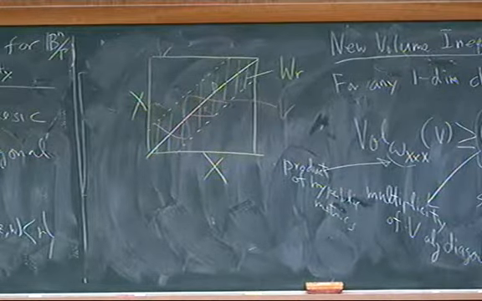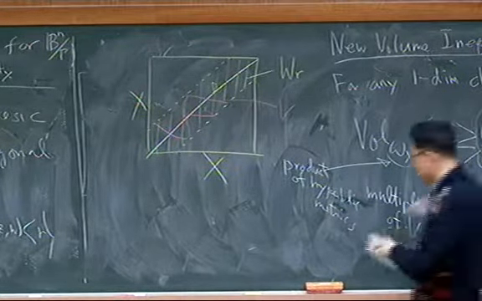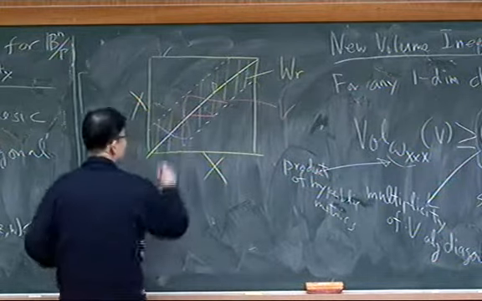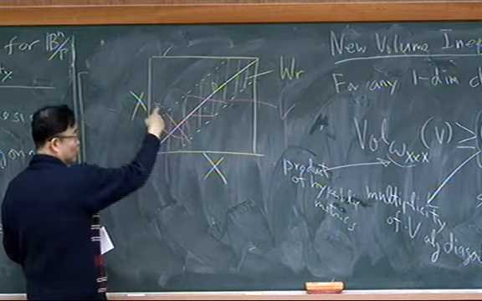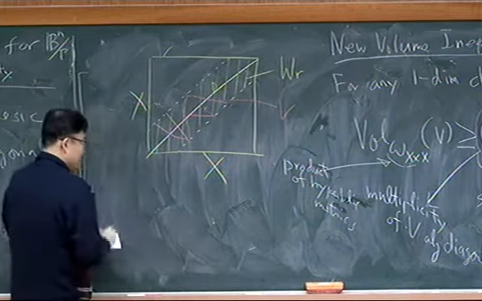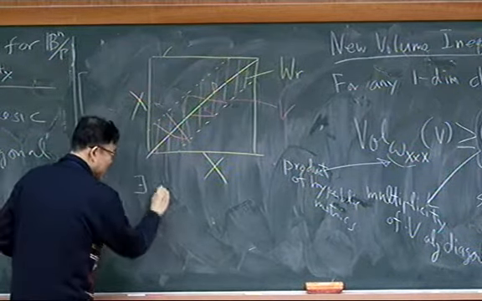And this number has meaning. There's a certain one-dimensional variety orthogonal to the diagonal, which we call the anti-diagonal.